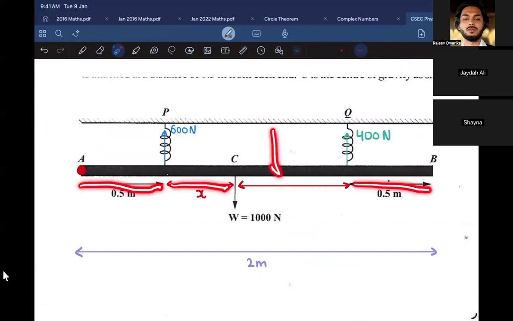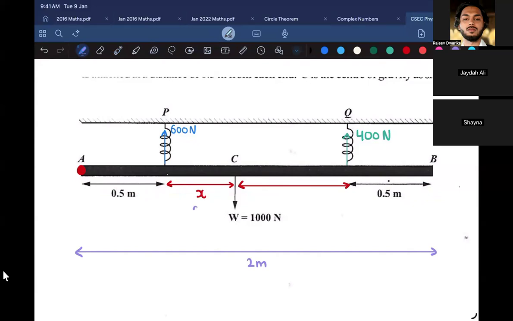How would I find this length in terms of x? See if you can figure that out. I'm going to make it simple for you. What if we had, I'm just going to put a value here, of, I don't know, like probably 0.4?